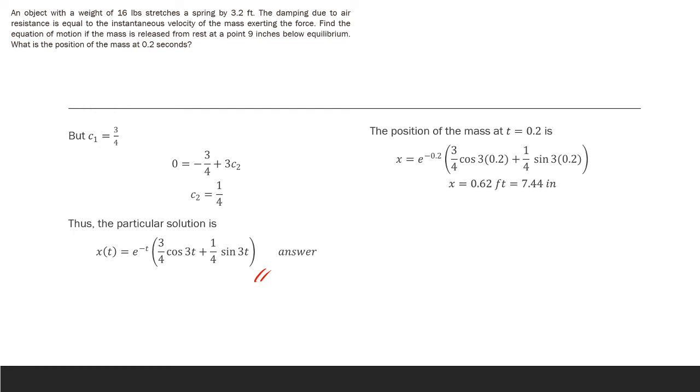We arrive at x is equal to 0.62 feet, or converted into inches, that's 7.44 inches. This means, class, if this is your equilibrium position, your mass will be at this point, 7.44 inches below the equilibrium since the value we got is positive.